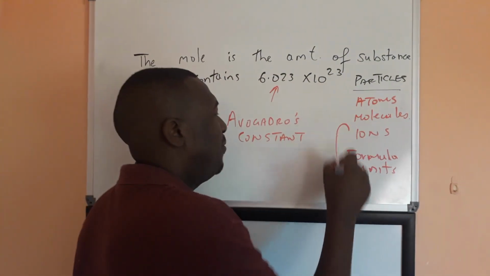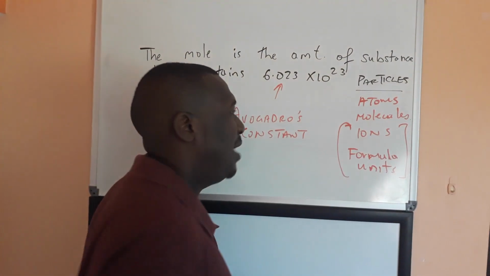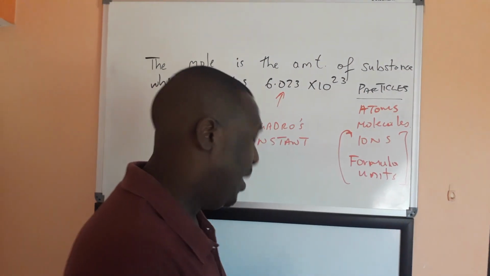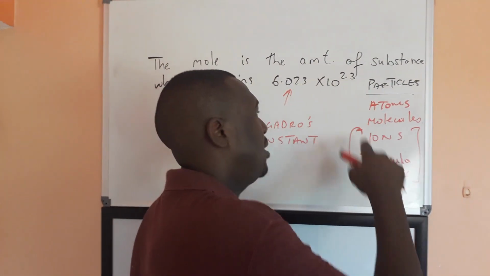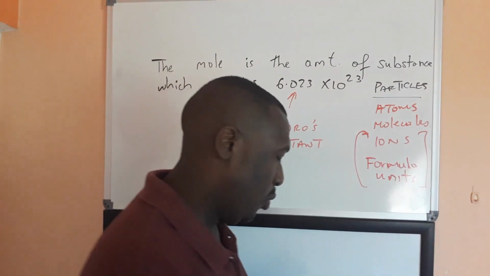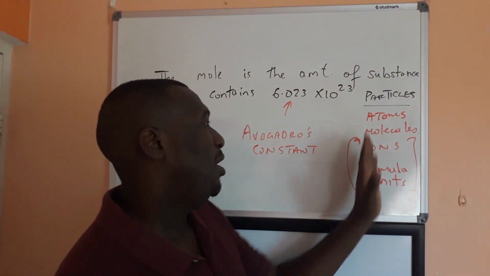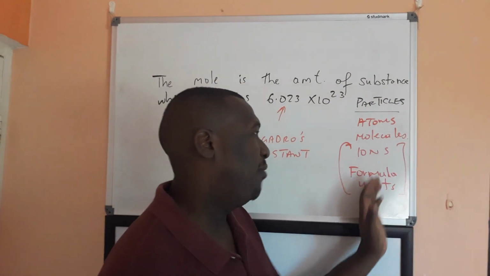Now, ions and formula units apply to ionic substances, while atoms and molecules apply to metals, and atoms and molecules to covalent substances. So depending on the nature of the substance, you will have different types of particles.